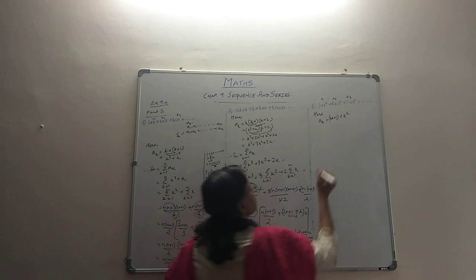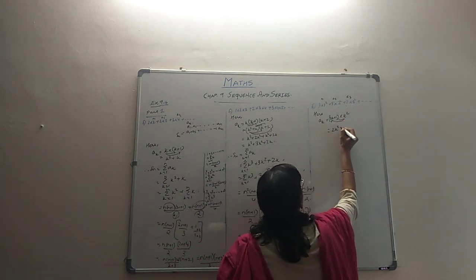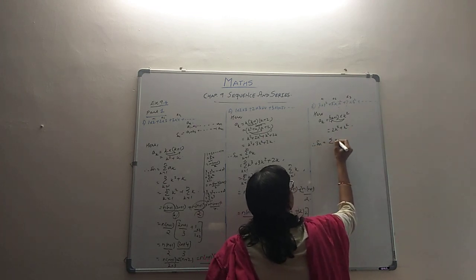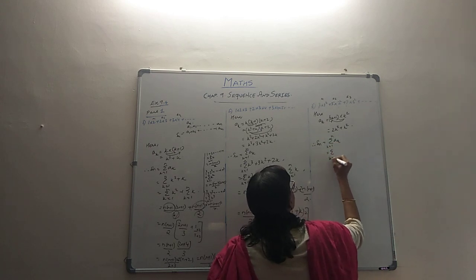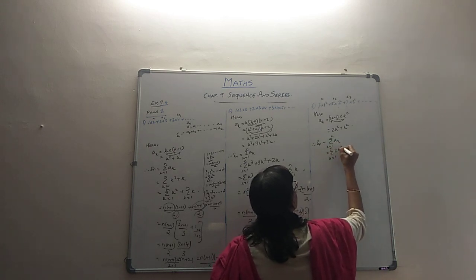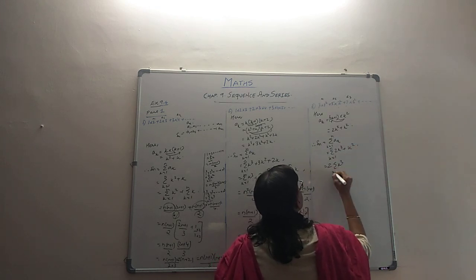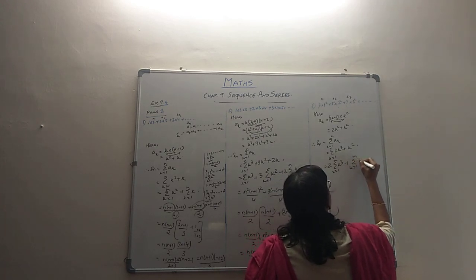When we open this up, it will come to 2k cube plus k squared. So your Sn will be summation ak, k will take values from 1 to n, which means it is summation k taking values from 1 to n of 2k cube plus k squared. So take it to k cube and k squared.